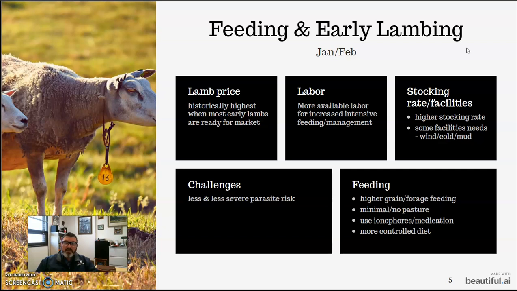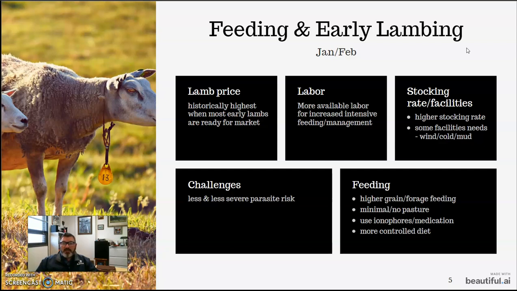We don't need to build specific barns, probably. Something just doable that keeps them out of the wind, the cold, and the mud will probably get the job done. They don't need anything really except a dry place to get feed and water and a little bit of shelter. So you don't necessarily need some kind of fancy facility. Something very basic will get the job done.